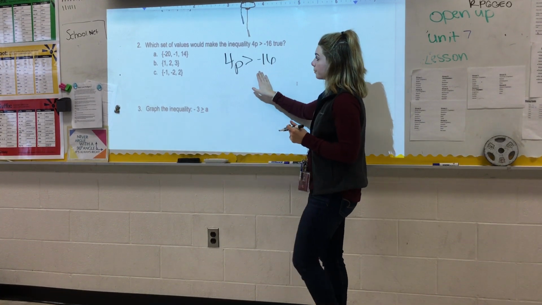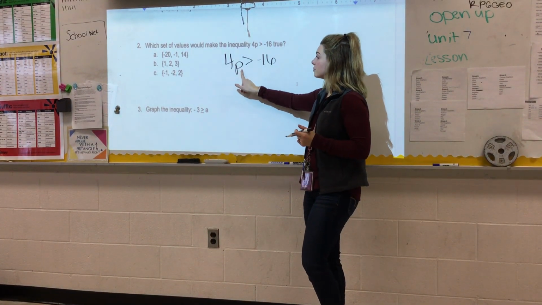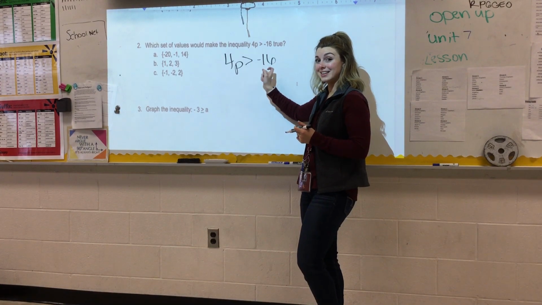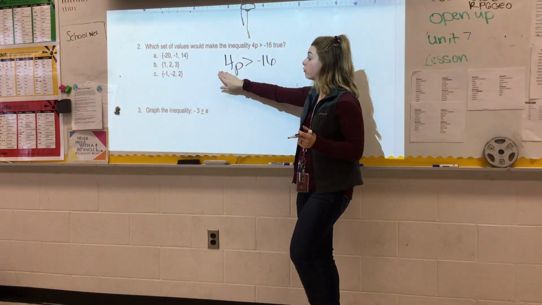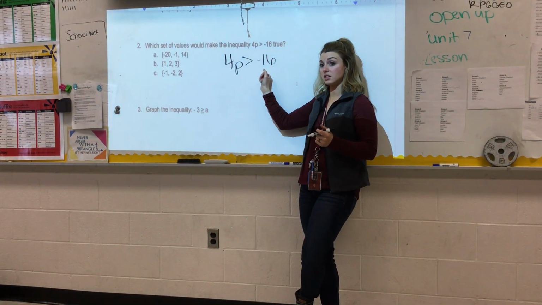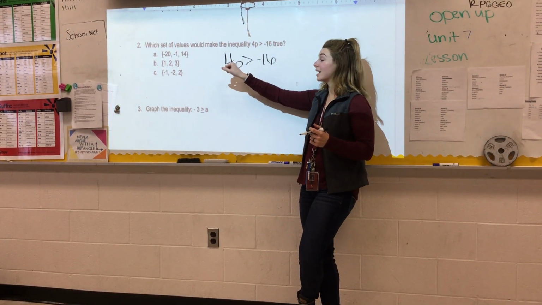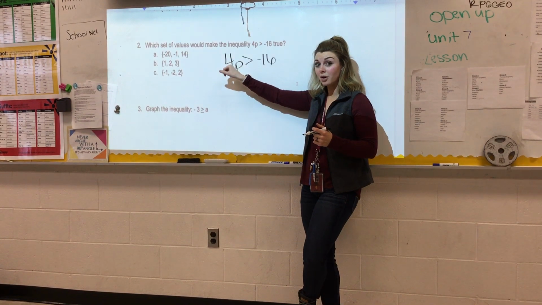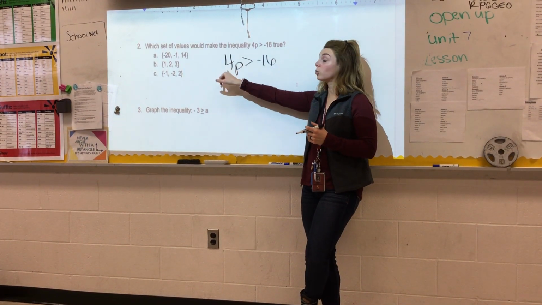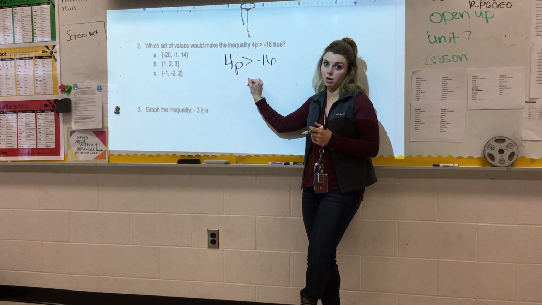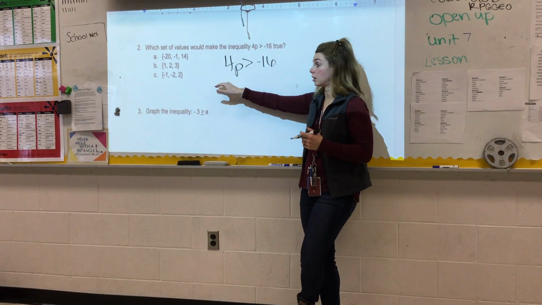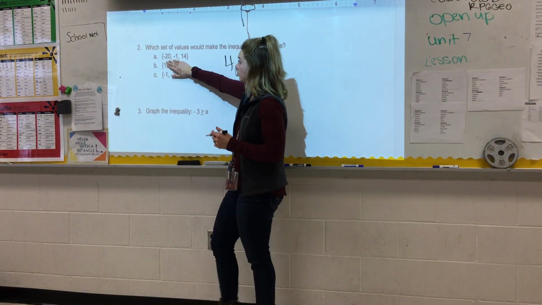So we know that 4 times something has to be greater than negative 16. 4 is already greater than negative 16 because that's just like what we've been learning about for a couple weeks. Anytime, if you have $4 in the bank, it's not great, but it's way better than owing the bank $16. So we know 4 is already greater. So let's go ahead and look at our first one.